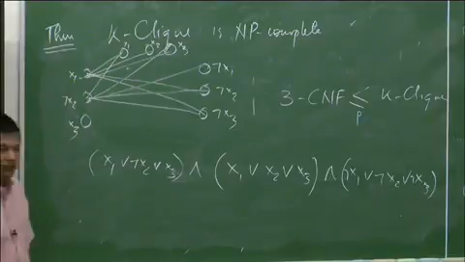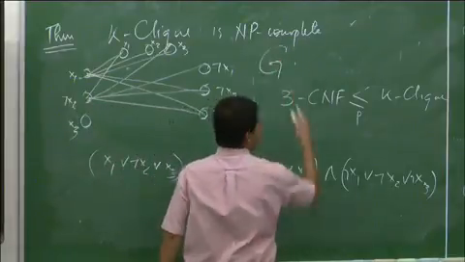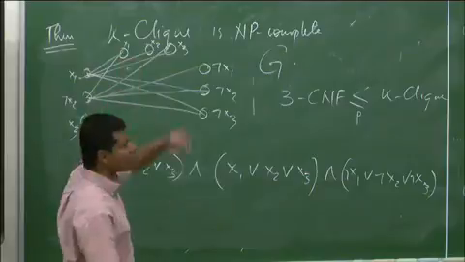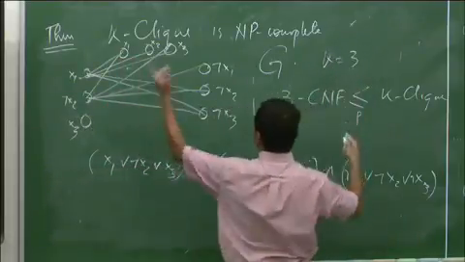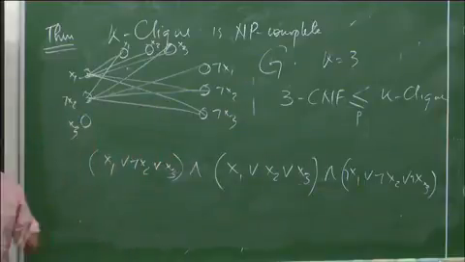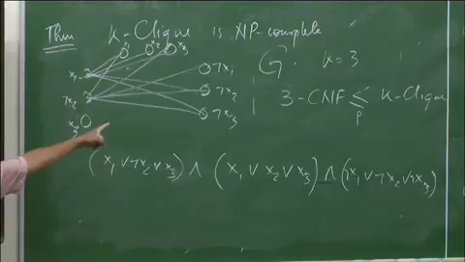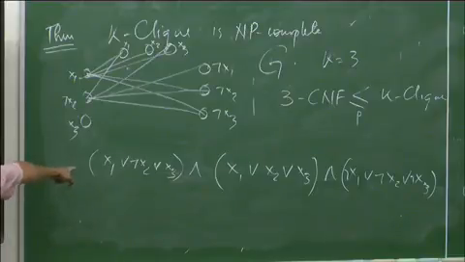This is going to be my graph G, and the number k I am going to give is the number of clauses. So, in this particular case, k will be equal to 3 because I have 3 clauses. And I claim now that a k-clique in this corresponds to this formula being satisfiable, and the non-existence of a k-clique corresponds to this not being satisfiable.